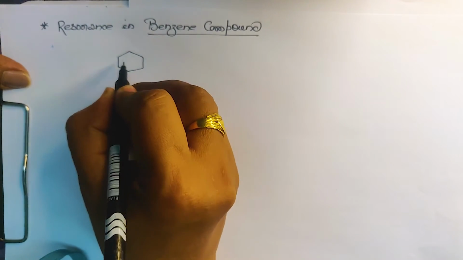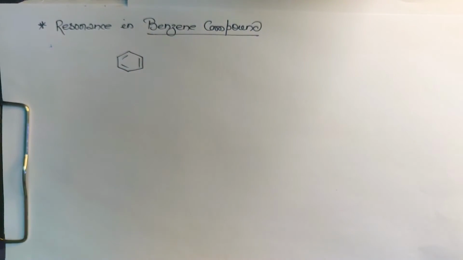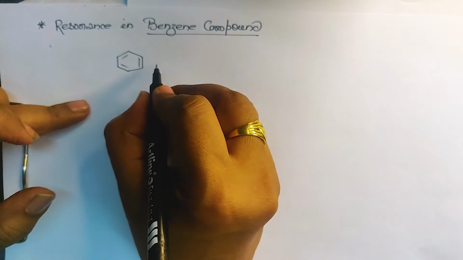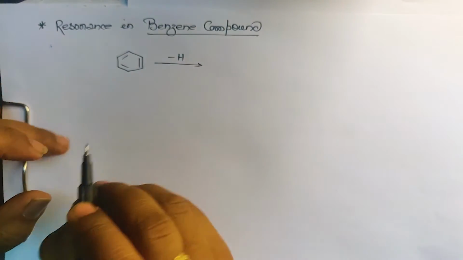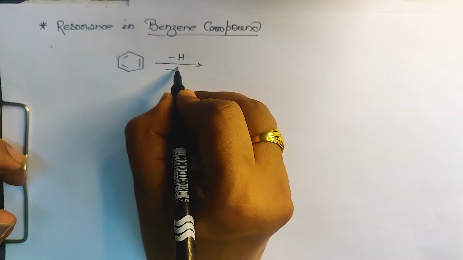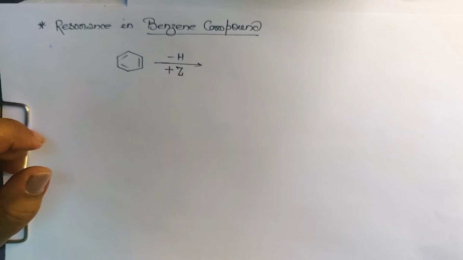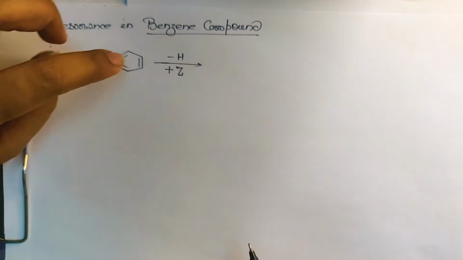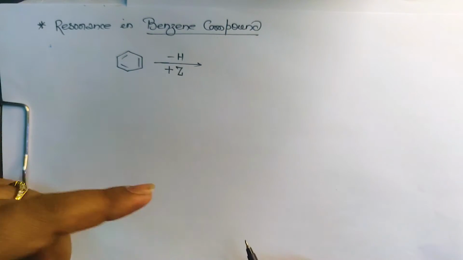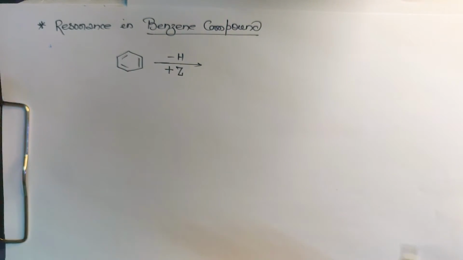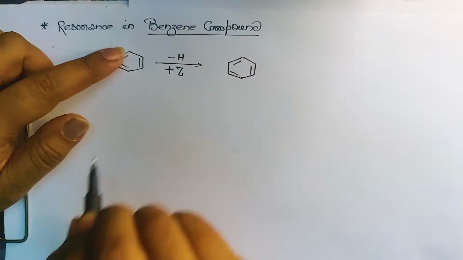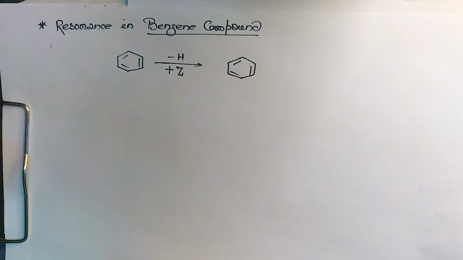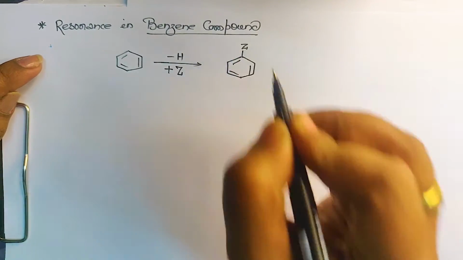This is the benzene ring, and if one H is removed and replaced by any group, suppose a Z group से replace कर दिया जाए, got it? This one H is going to be replaced by a Z element, कुछ भी हो सकता है. You know, 6 hydrogens are hidden over here. One hydrogen will be replaced by Z.